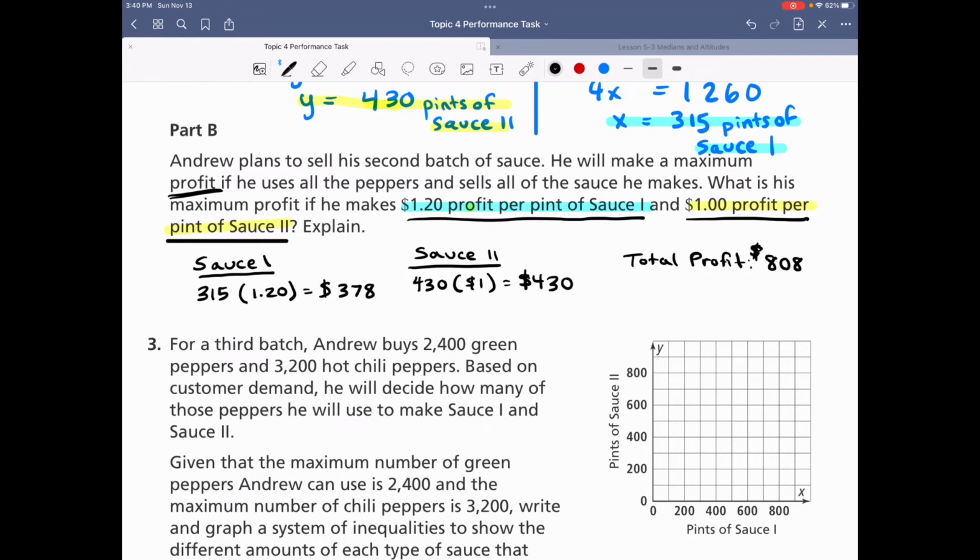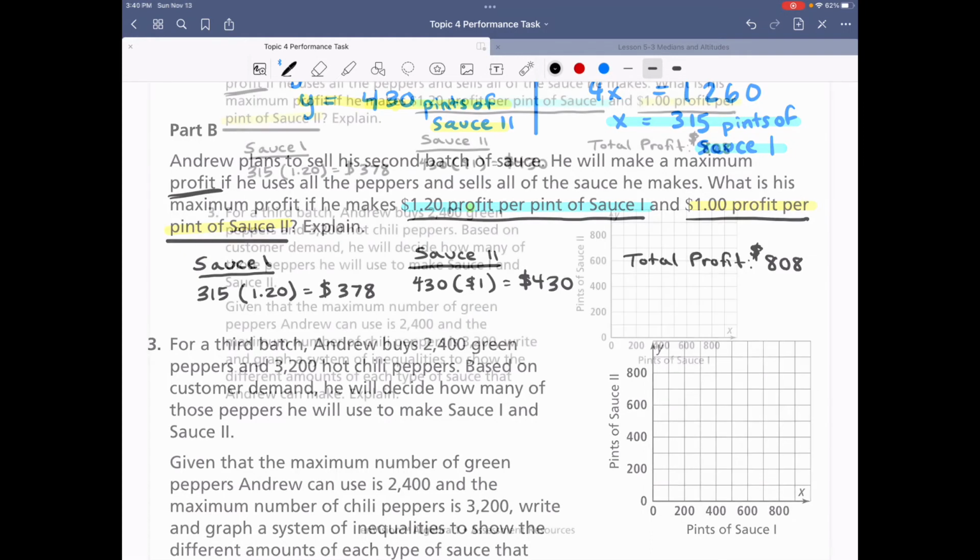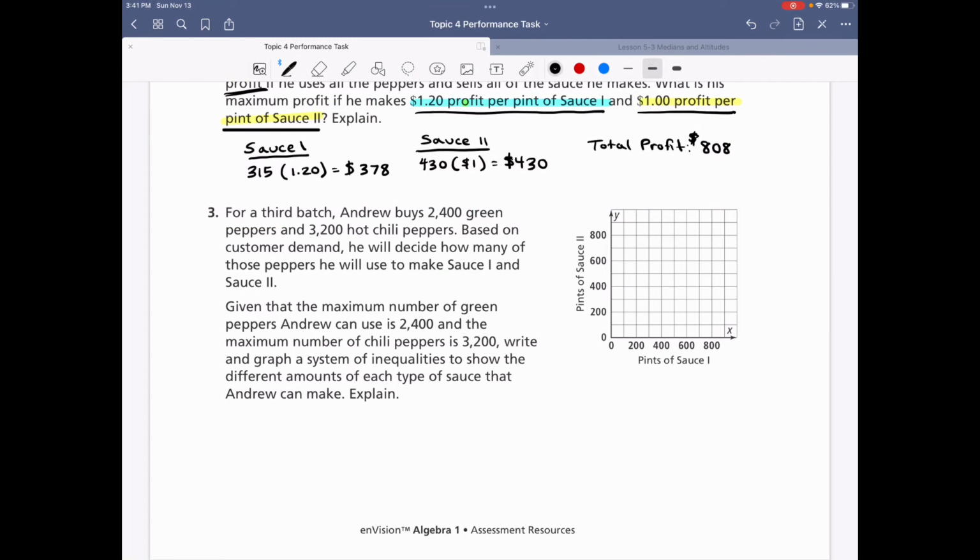All right, and that is problem 2. And then we'll do problem 3 after you have a chance to find your profit on the problem that you created. On problem 3, we are going to be working with inequalities.